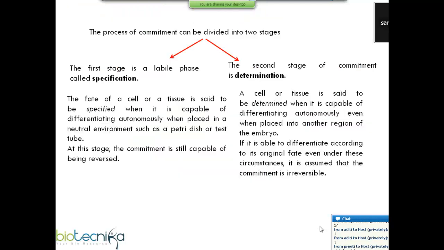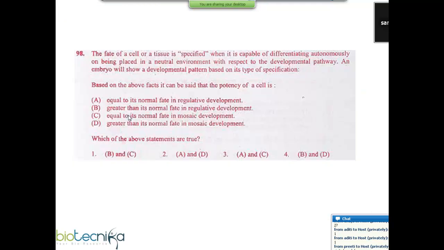One more time, this is exactly a line from Gilbert. The cell fate of the cell or the tissue is specified when it is capable of differentiating autonomously on being placed in a neutral environment with respect to the developmental pathway.